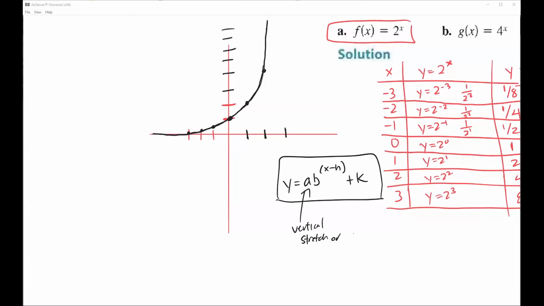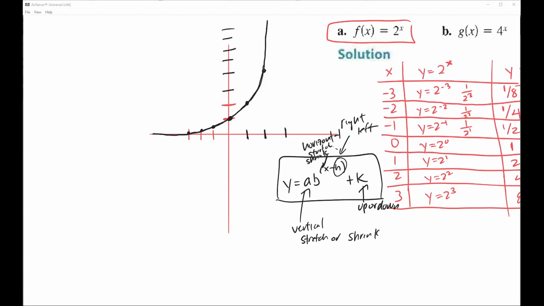The h tells you the shift to the right or left. The k tells you the up or down. And if you want to horizontally stretch or shrink, it's a number in front of the x value. I'm just writing this quickly. Any questions on that?